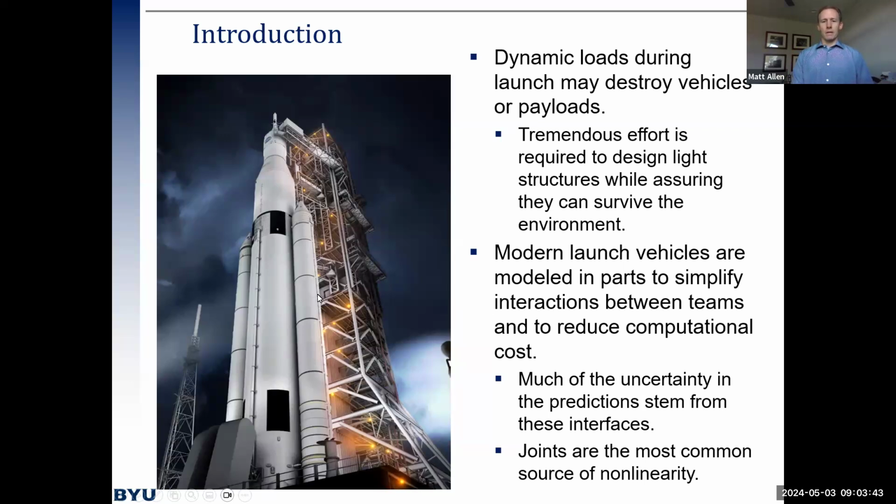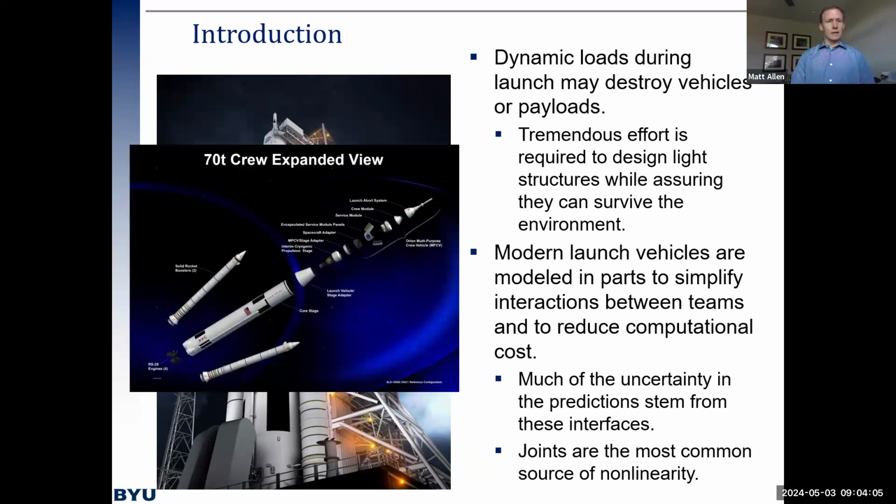And in a vehicle such as this, which actually just the first iteration of it did just fly recently, a couple of years ago, it tends to be not too hard to come up with a finite element model to predict the loads on any individual piece of the structure. The real challenge is the interface between all of them.